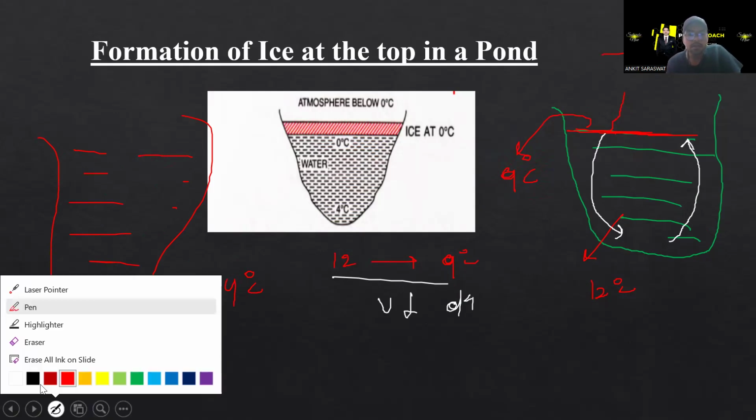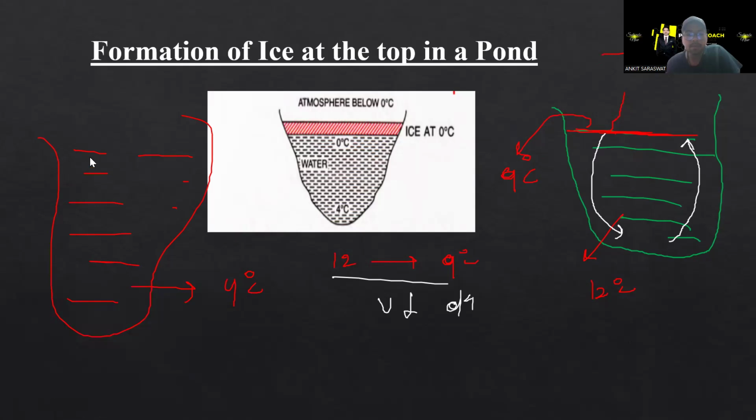Now, if the temperature of the upper liquid drops further, let us suppose from 4 to 2 degrees Celsius, then you have noticed that it becomes lighter. The upper portion water becomes lighter.